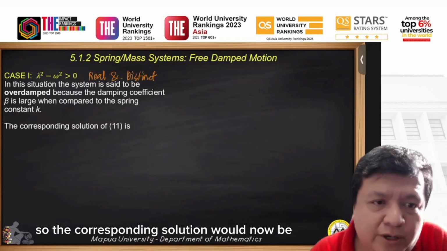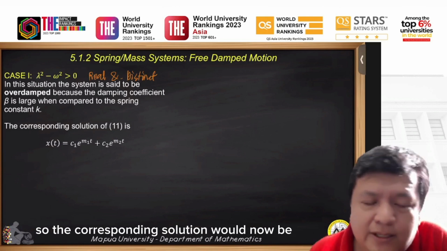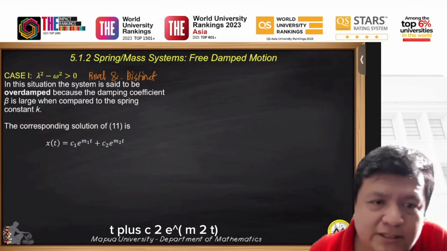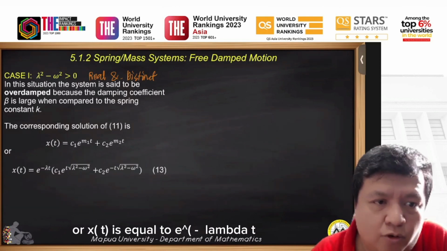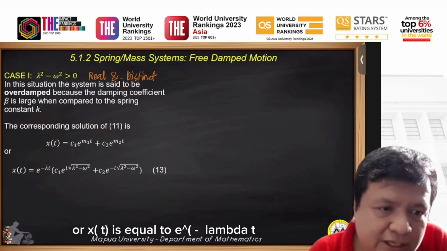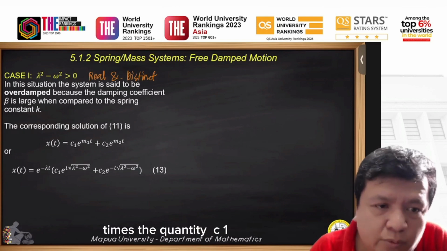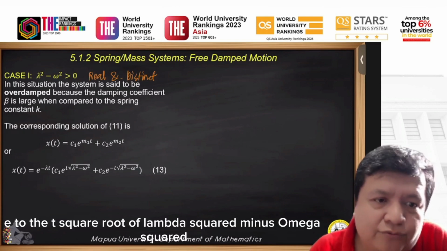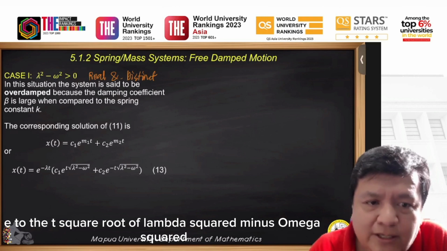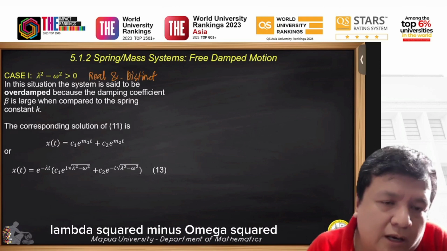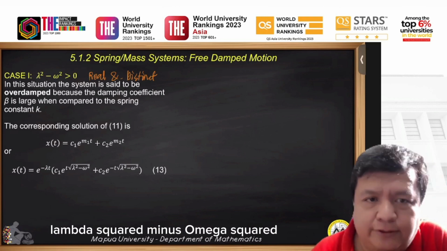The corresponding solution would now be x of t equal to c1 e raised to m1t plus c2 e raised to m2t. Or x of t is equal to e raised to negative lambda t times the quantity c1 e to the t square root of lambda squared minus omega squared plus c2 e to the negative t square root of lambda squared minus omega squared.